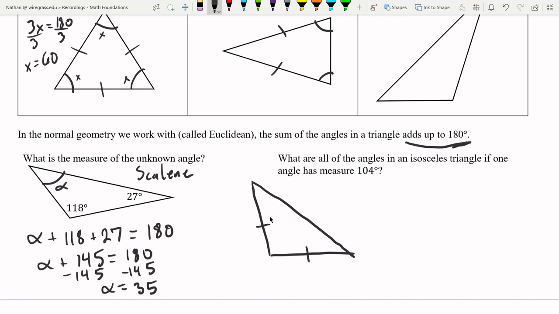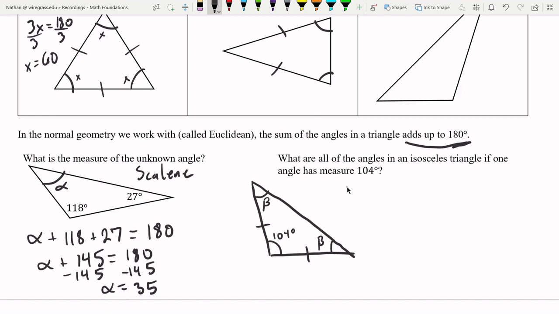These are going to be my equal sides, and these are my equal angles. This is going to be 104 degrees. And these two angles, which are going to be the same, I'll label as beta. So to find these measures, all we have to do is use the fact that the triangle's angles add to 180 degrees.